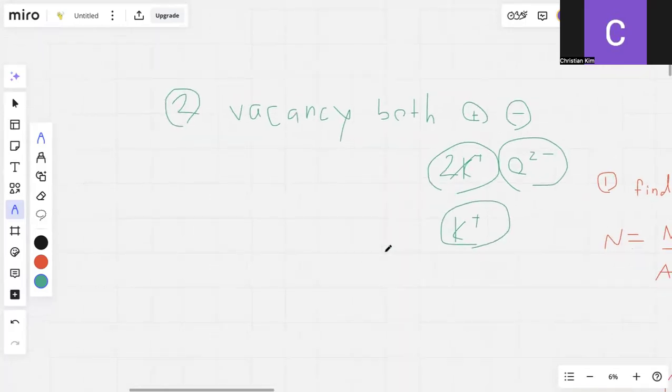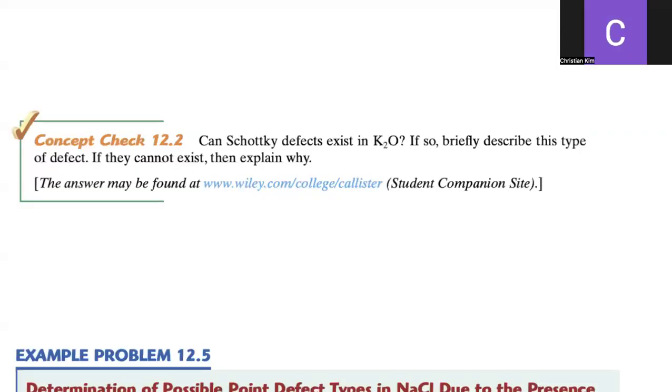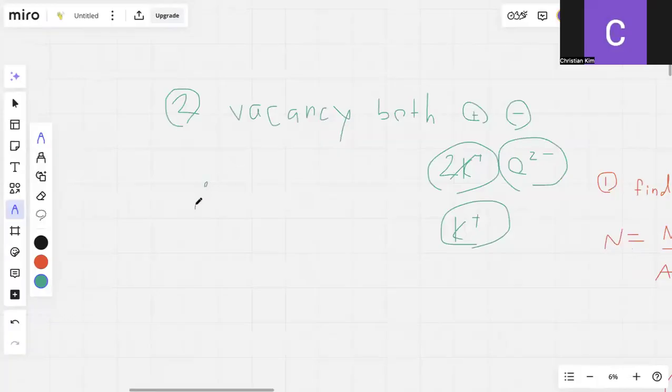And the problem with that is that we do not have electrical neutrality. And due to this lack of electrical neutrality, a Schottky defect cannot really exist within K2O. So therefore, no. Based on the definition of a Schottky defect, we need to get rid of one K plus and one O2 negative, but that's going to leave behind this K plus, and it's not going to be electrically neutral.